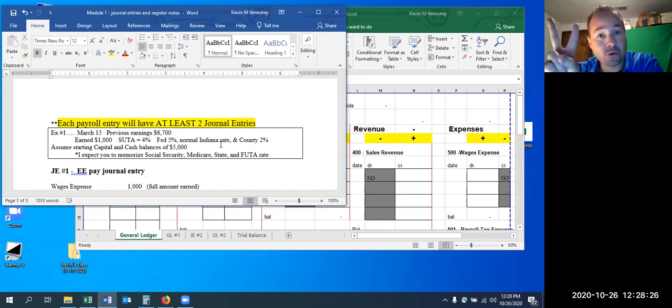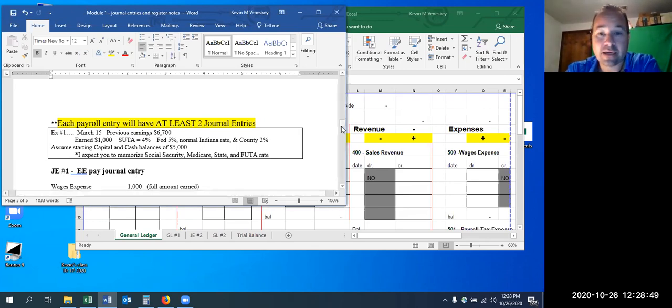Then we're going to have in journal entry number 2, the employer's additional taxes that they have to pay. Now, there could be additional journal entries. If the employer pays into medical premiums, that's going to be its own entry, perhaps. It's going to be a separate one. If they pay into the retirement account, they'll have a separate expense for that. So you could have more than 2, but you'll always have at least 2.